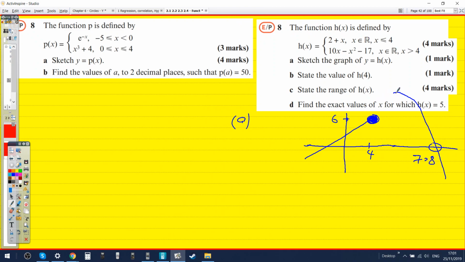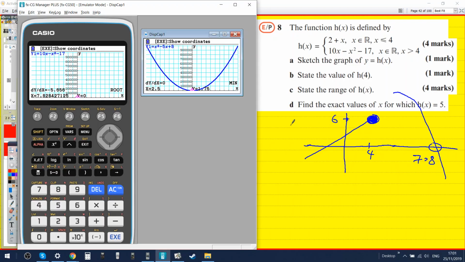But what about when x is 4? Because it starts at x is greater than 4. Would we just put in 4 for x? Yeah.